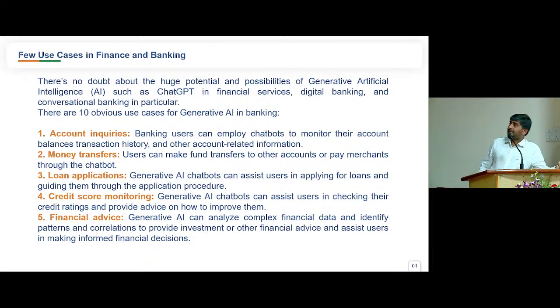This entire thing is right now done by human experts, and it can be automated in the financial domain. You can use generative AI to automate the entire financial advice. So there is a lot of scope in financial advice using generative AI.